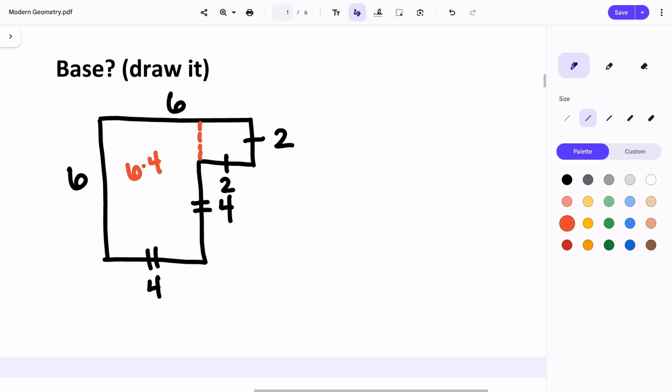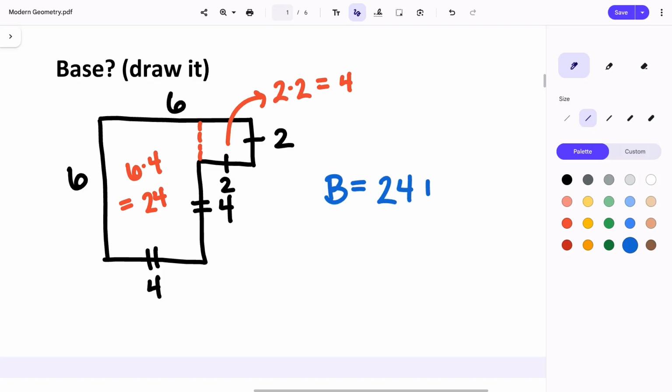Base times height, 6 times 4, which is 24. Okay, this one, the square, how would we find area of that? 2 times 2, which is 4. Okay, so for my total base area, so for my capital B in my volume formula, I need to add those two smaller amounts together, 24 plus another 4. So that's just 28.